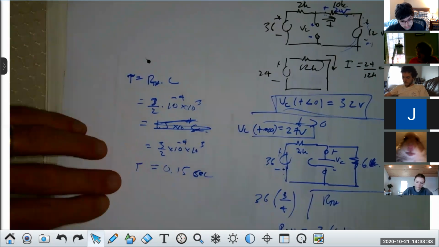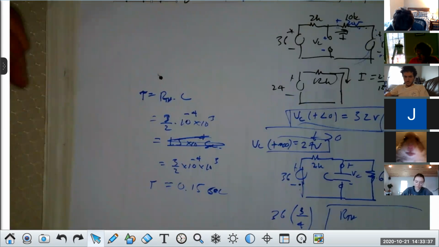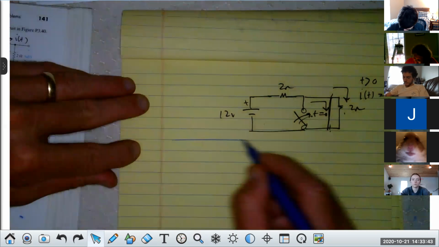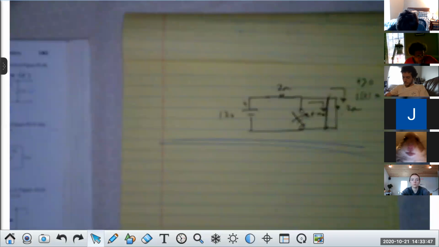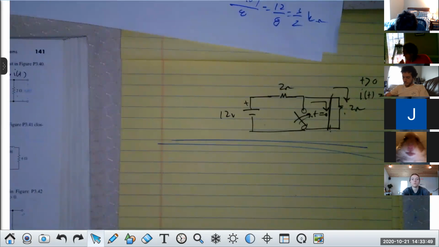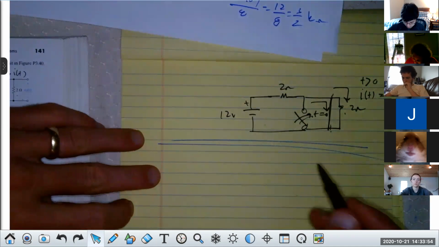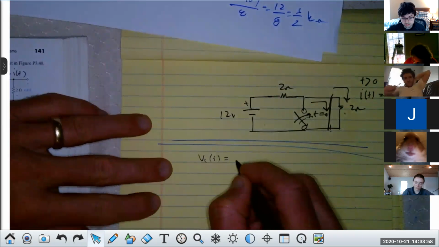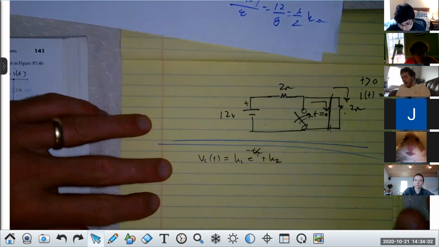Now that we have that, what do we do? I've got the voltage for t less than 0. Voltage as t goes to infinity. I've got tau. Now I go back here and I say, therefore, I know the voltage across the capacitor as a function of t is K1 e to the minus t over tau plus K2.